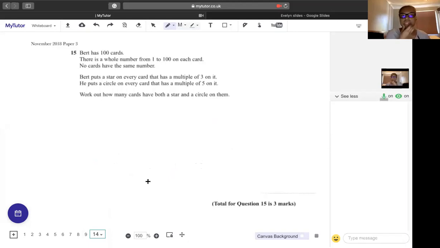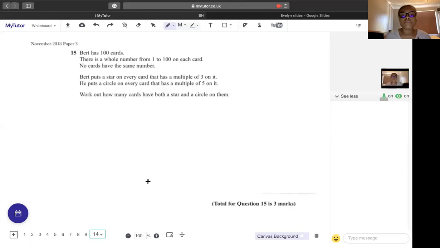This particular question was from the November 2018 paper 3, and looking at some of the examiner reports, quite a lot of people didn't actually spot that it was a common multiples question. So let's read through the question. Bert has 100 cards.